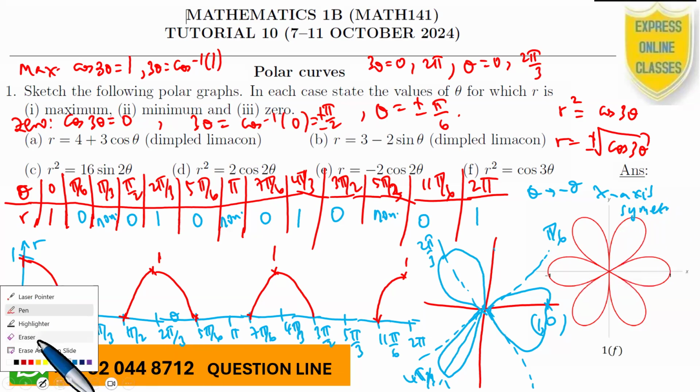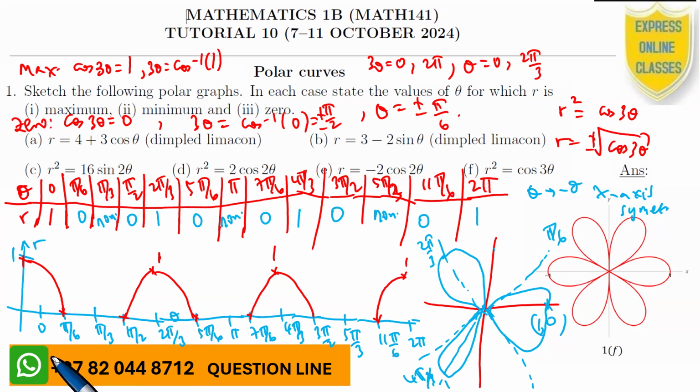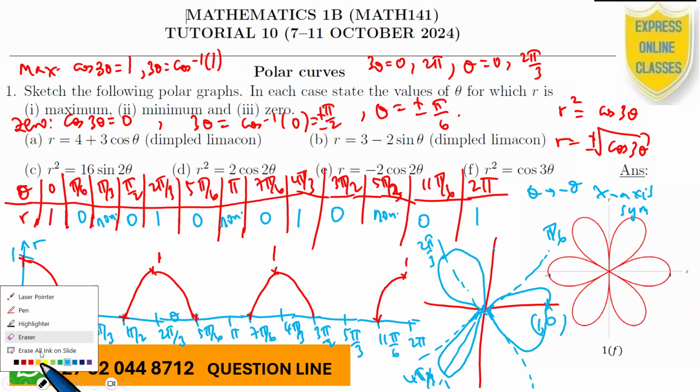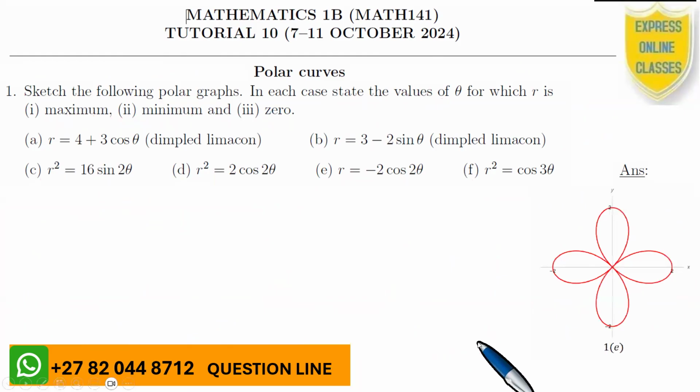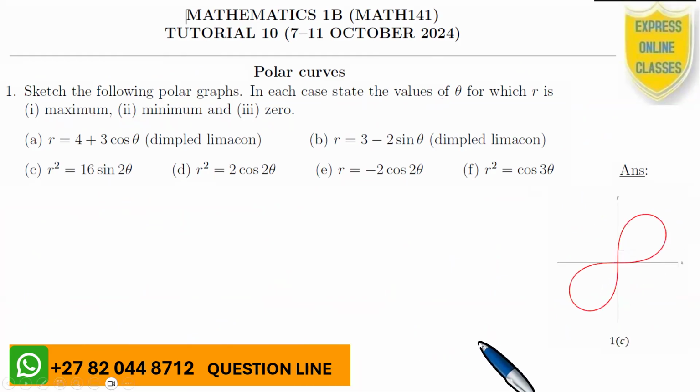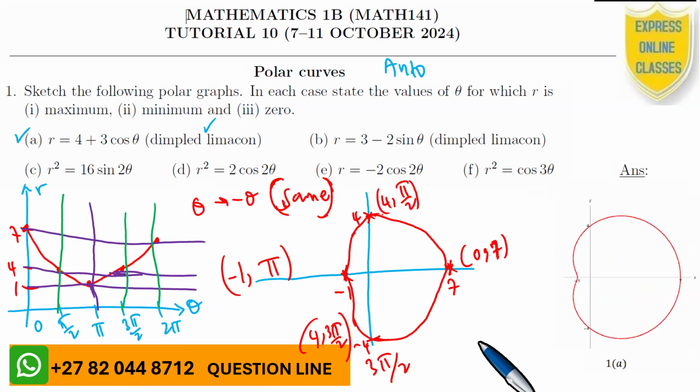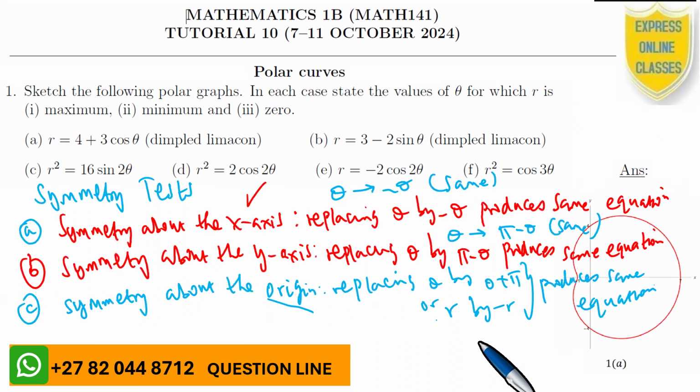So there's this x-axis symmetry. Okay, symmetry about the x-axis if you replace theta by negative theta.